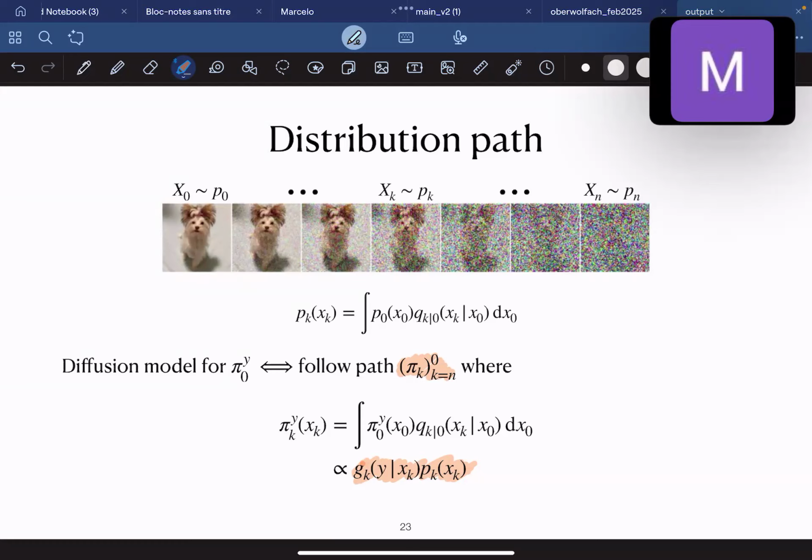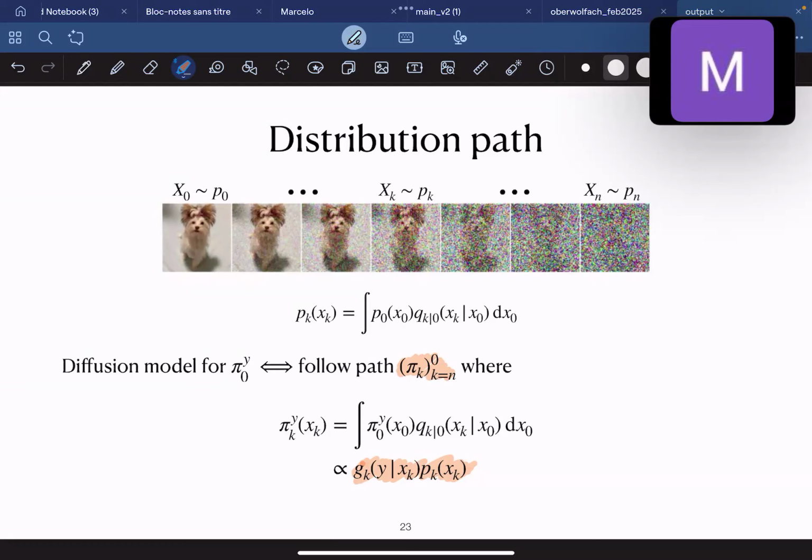So the method which I will come up with is trying to sample approximately and sequentially this sequence of distributions pi_k.